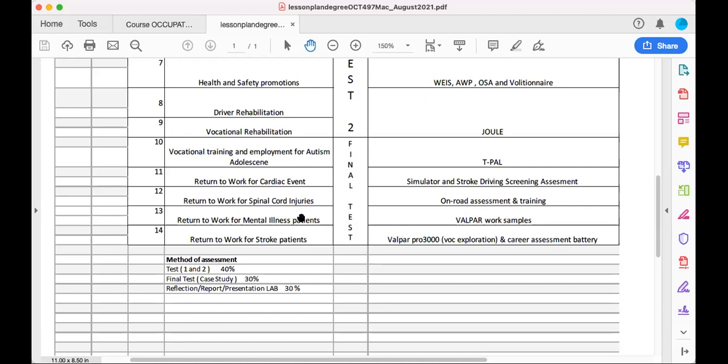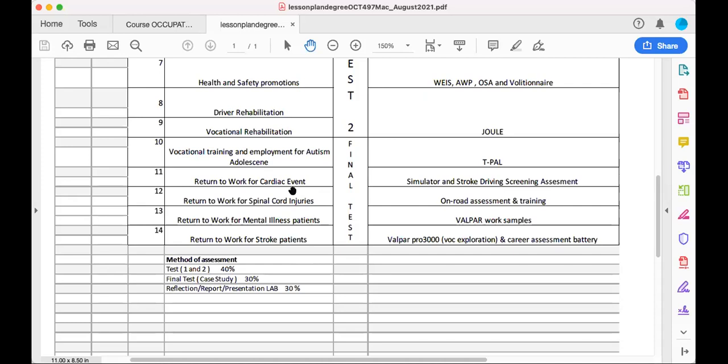This is very specific for mental illness patients, where returning to work or working is very important. Then return to work for stroke patients also. There are a lot of cases, workers suffer stroke. So how are we going to handle these cases?